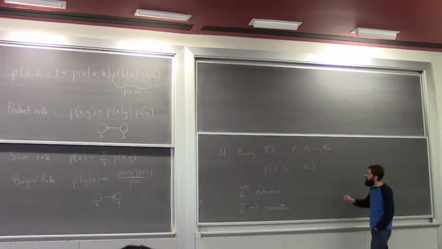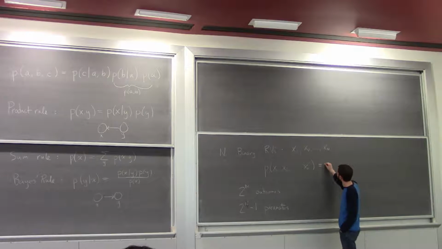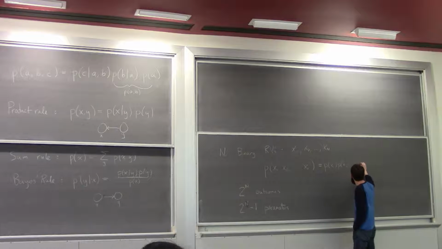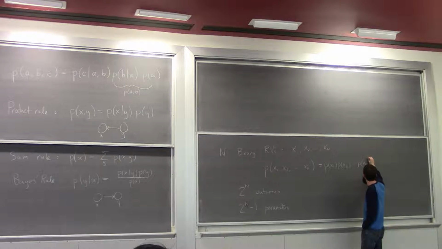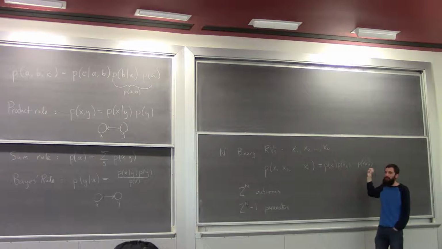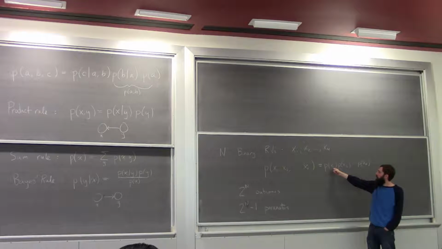Now, if this were to factor as p of x1 times p of x2 dot dot dot p of xn, in other words, if each of these binary variables were independent of each other, how many parameters do I need? For just one of these, I need one, right?